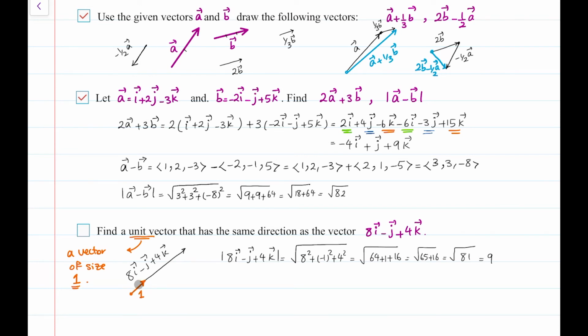Now I'm looking for a vector in the same direction. So basically a scalar multiplication to this vector, but because I want to keep the direction the same, I don't want to switch the direction. I just need to multiply a positive scalar, a positive number to that vector. So what is the positive number that I'm going to multiply it to? It's 1 over 9. So I'm going to multiply 1 over 9 to the vector 8i minus j plus 4k.